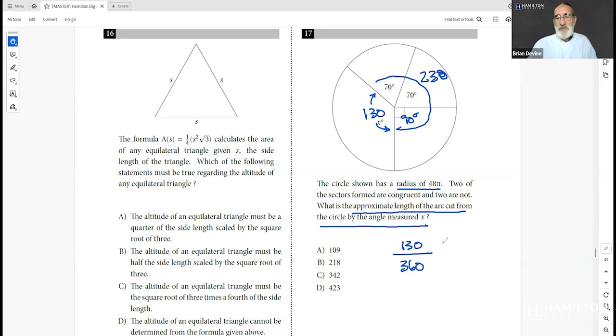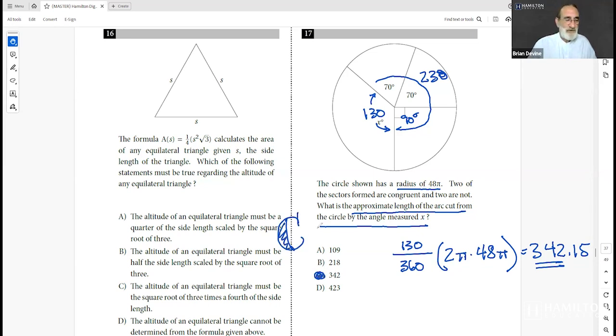And if I take that and multiply it by the circumference, which would be 2 pi times the radius, I can stick that into a calculator and I get 342.15-ish. So 342 would be the correct answer, and C is the correct choice.